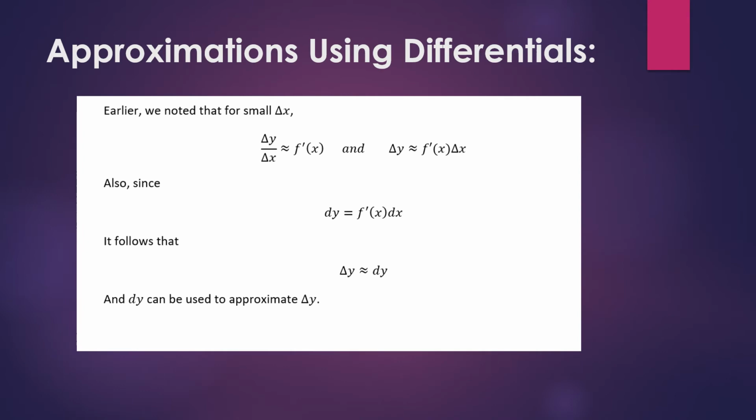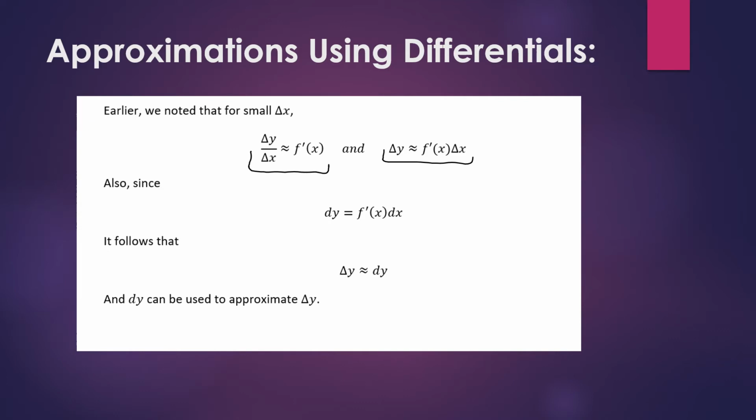On this slide, we want to talk about how we can use differentials to find an approximation. So we said that delta y over delta x is approximately f prime of x, meaning delta y is approximately f prime of x times delta x. And of course, this works better the smaller we have for delta x.